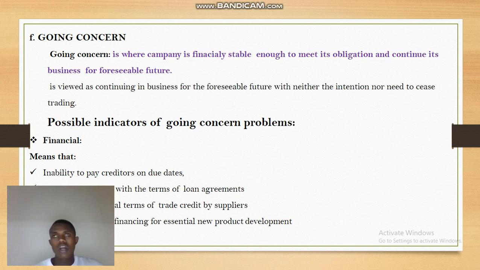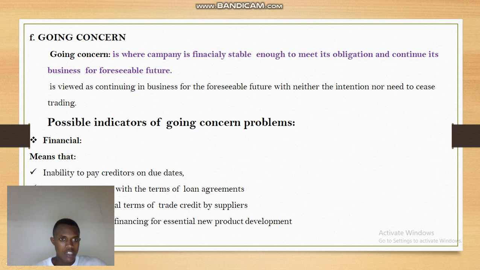At that time, we cannot say that this business will work for the long term. This is one indicator. Also for the financial one, there is the inability to comply with the terms of the loan agreement, where the company is not even paying the loan it got from the bank.